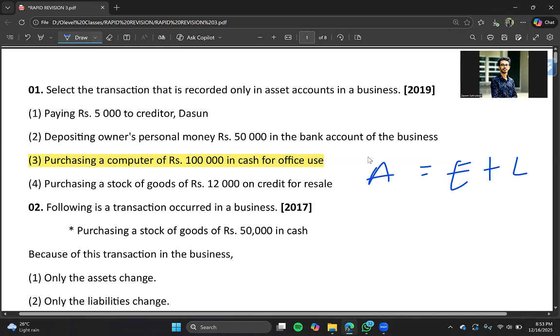When I purchase a computer, in the asset column it is minus cash 100 plus computer 100. Only the third one, purchasing a computer, is recorded only in the asset account. So plus 100 minus 100.